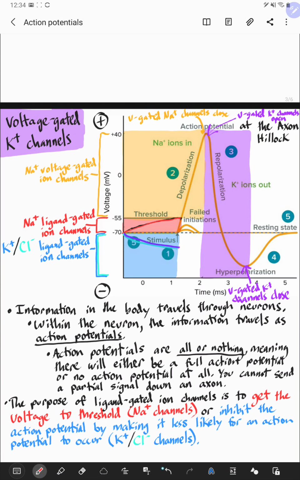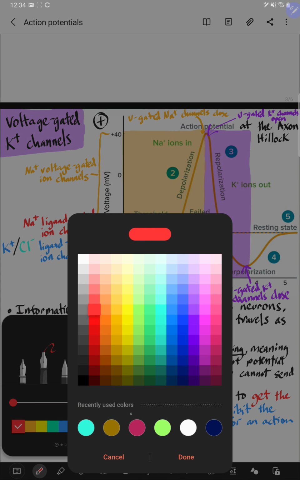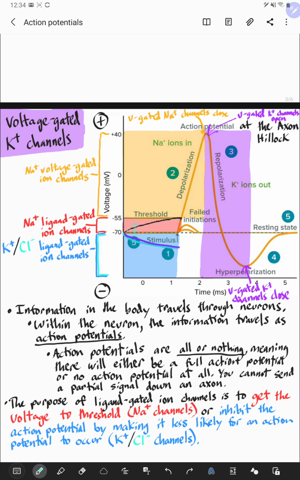But the chlorine entering the cell is going to make it less likely to get to threshold, because remember, the chlorine is making the cell more negative. So if we have a lot of sodium entering and not very much chlorine, we might still get to threshold because the amount of sodium entering outweighed the chlorine.